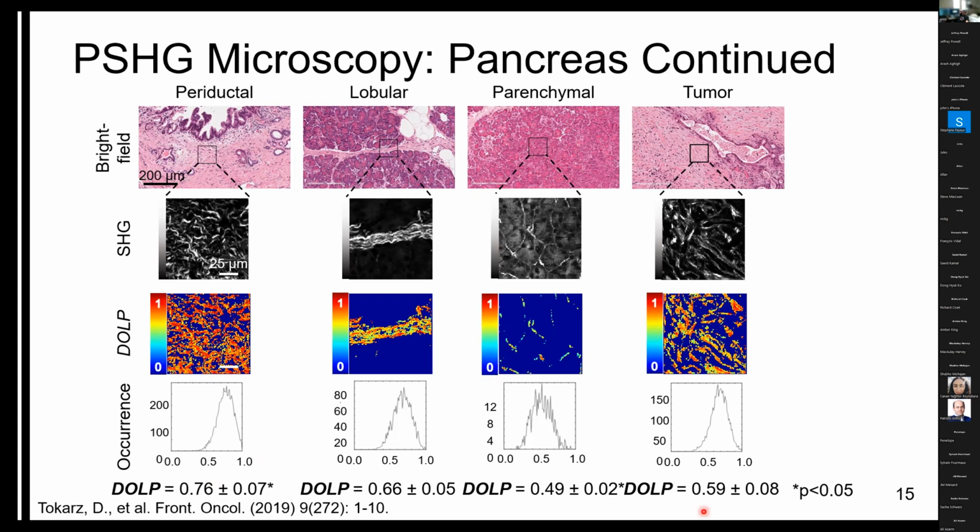What we found was that the DOLP value for tumor tissue was significantly different than parenchymal and periductal collagen, indicating that both R and DOLP could potentially be used to identify pancreatic ductal adenocarcinoma.